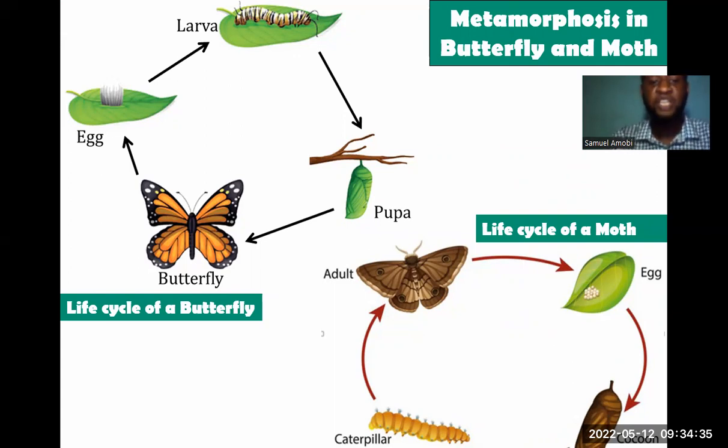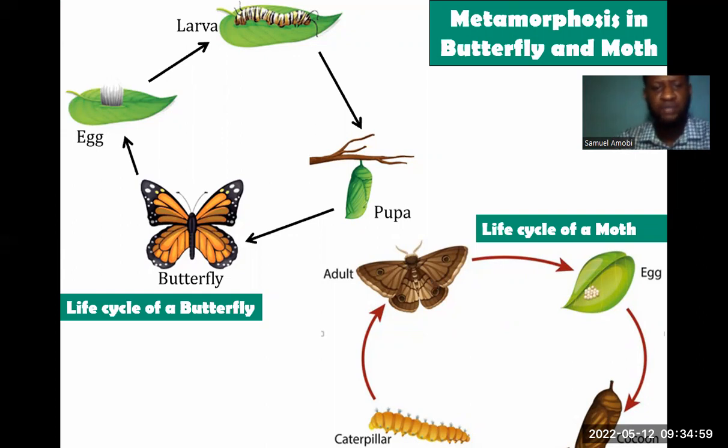Now, how do you differentiate them? Look at the butterfly. Butterfly is bright colored. But look at moth. Moth is dull colored. The next thing, look at the butterfly's antenna. The butterfly's antenna has a club-like shape. But look at the moth. Moth's is woolly and short.